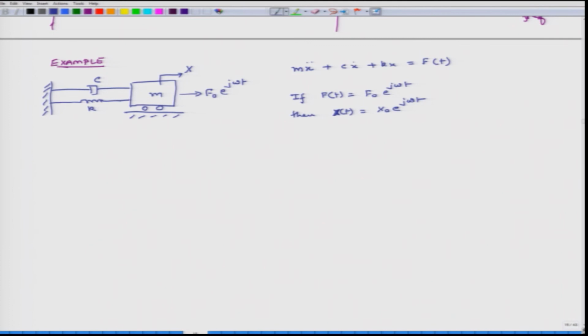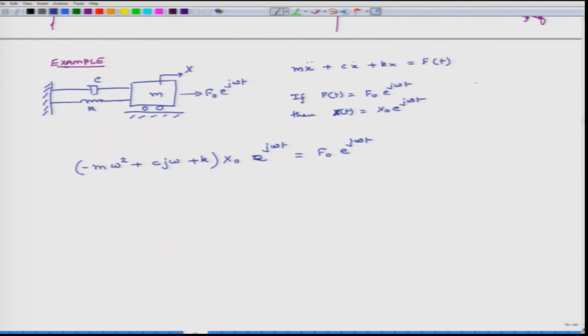Then if I make these substitutions, what I get is minus m omega square plus c j omega plus k, times x naught e^(j omega t), equals F naught e^(j omega t).